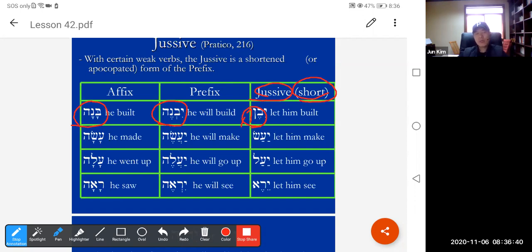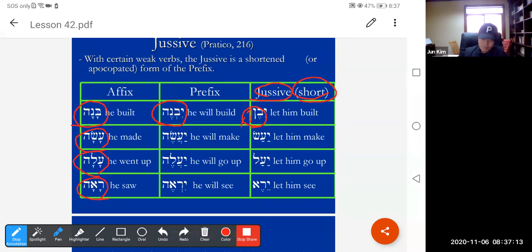If you are dealing with a third hey verb used in the prefix form with a verb conjugation, then the third hey should be there. So you can see that shortening is taking place here. Why? Because this is a jussive.